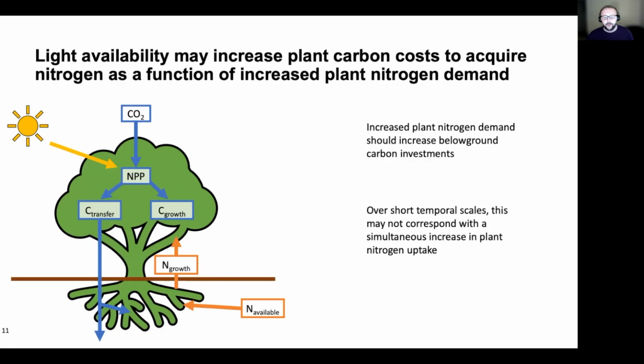For example, if species are growing under environmental conditions where there's increased light availability, we might expect that net primary productivity would increase, which should increase below ground carbon investments in order to acquire additional nitrogen to support higher rates of net primary productivity.